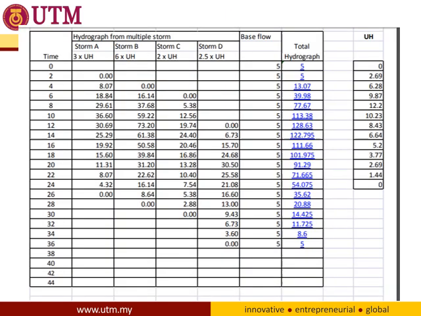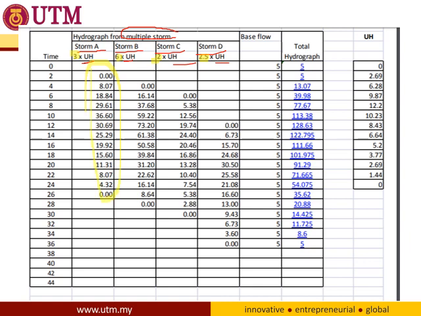So what you did just now is you are multiplying all of the unit hydrograph to the storm excess rainfall. You are multiplying the unit hydrograph to the storm excess rainfall here, this 3, 6. So these are the excess rainfall, so you multiply it.